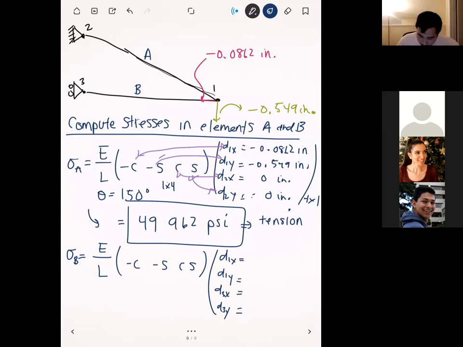And this is going to be exactly the same, so I'm not going to plug all that in. We know the angle here for element B is 180 degrees. If you plug all of that in, what you get is a stress of minus 43,100 psi. And since this stress is negative, this tells us that element B is in compression.